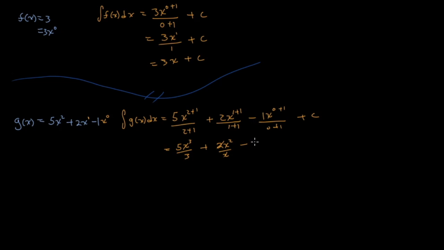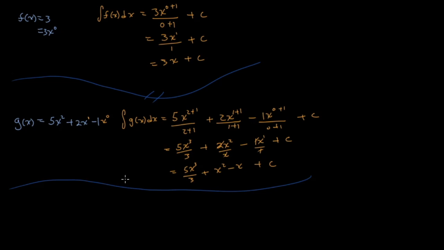And then we have 1x to the power of 1 over 1, and of course these 1's cancel out, plus c. So you're just left with 5x cubed over 3 plus x squared minus x plus c. Again, another pretty easy integration there.